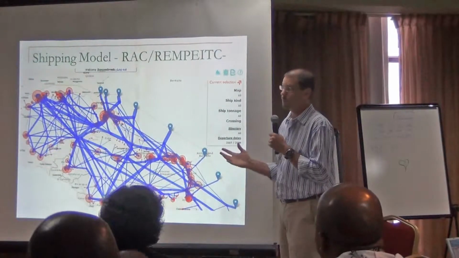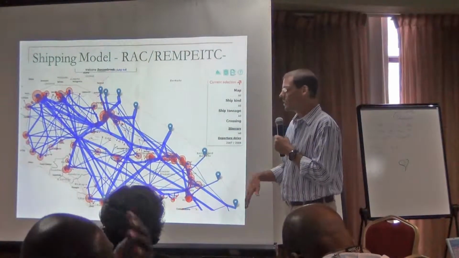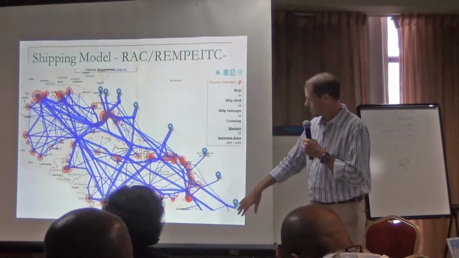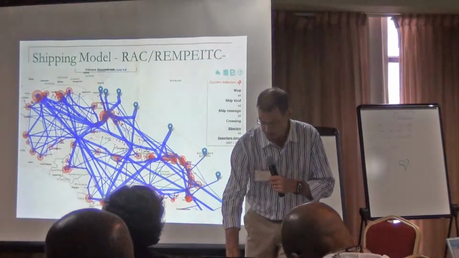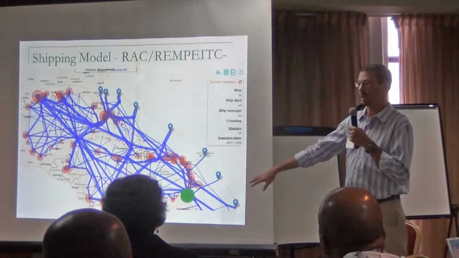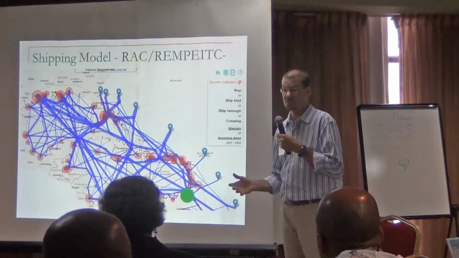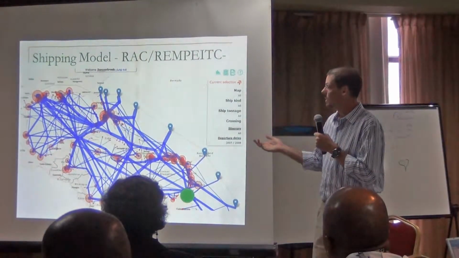So the question is, can we model that and can we make predictions about where things are going to go? Since I wanted to focus on Pernivertis, we have Trinidad and Tobago here, and the question is, where are ships going from here and where are they potentially taking things? In this case, Pernivertis, or the green mussel.